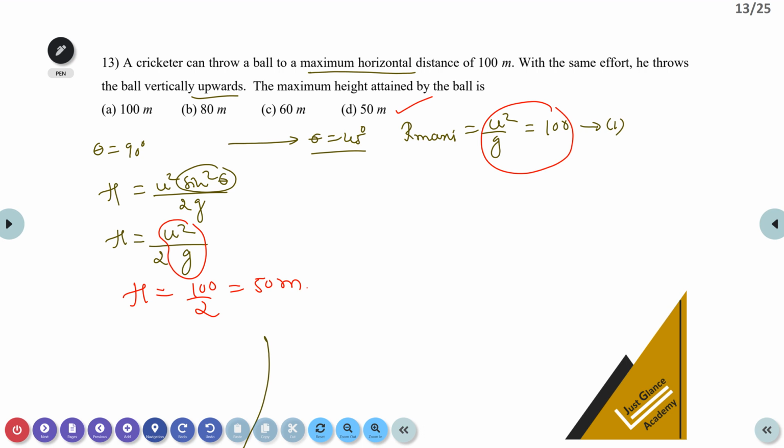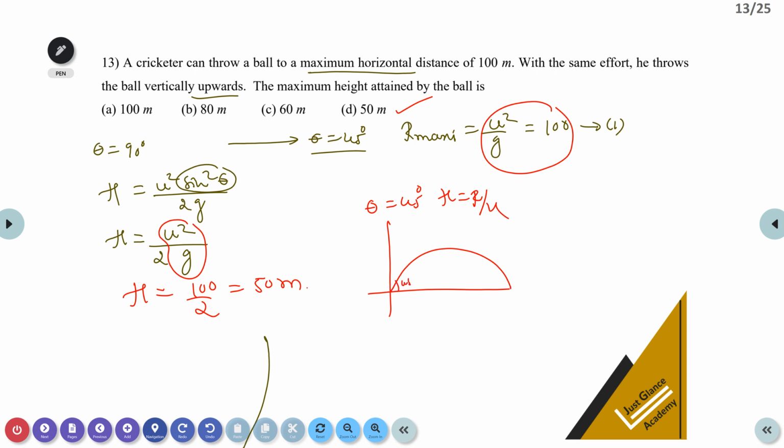Similar kind of problem is there in the books. What is the maximum height for the same angle? Angle means theta equal to 45 degree. Then it becomes h equal to r by 4. That is a similar kind of problem.